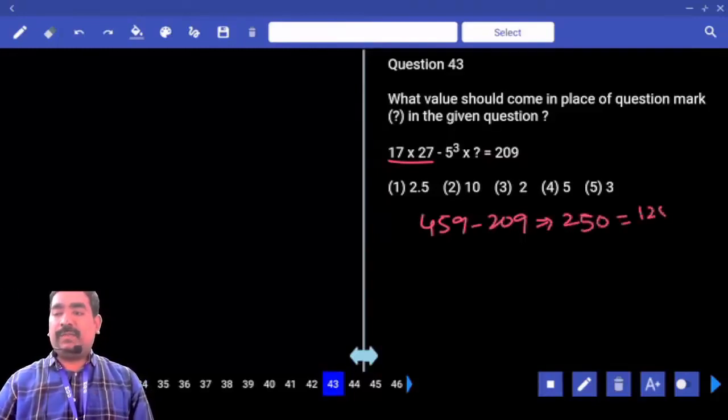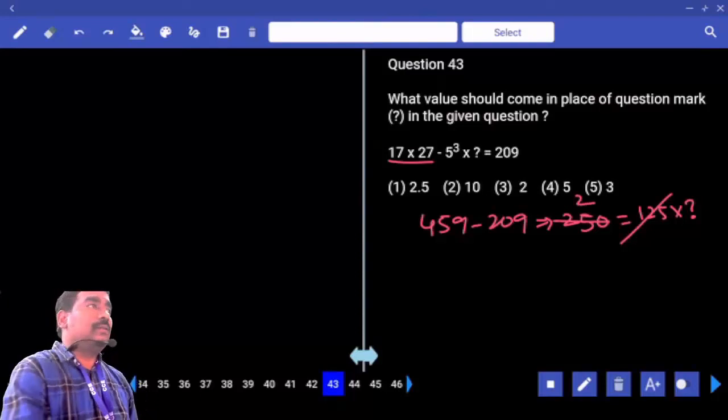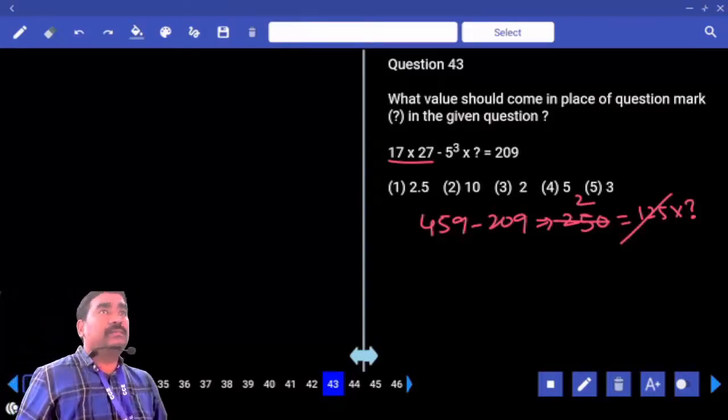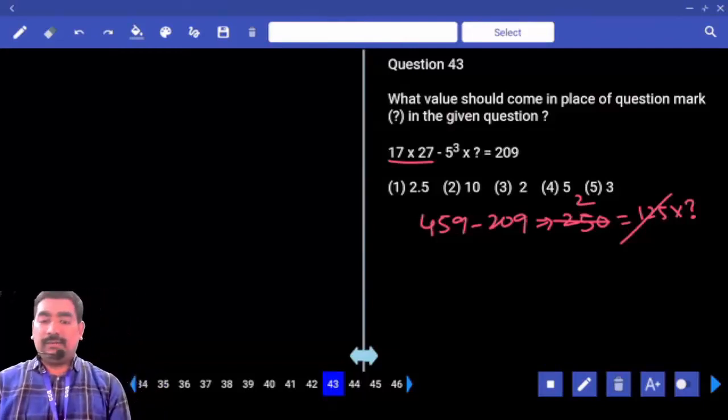Equal to 5 cube means 125. 125 how many times 250? Answer is 2.